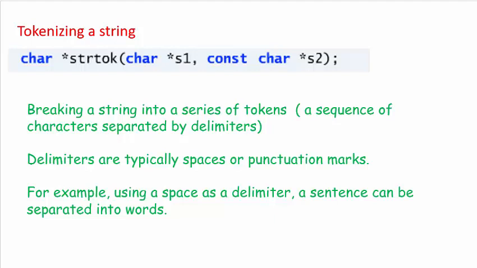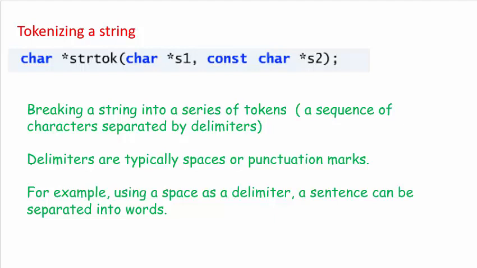Tokenizing is breaking the string into a series of tokens, and tokens can be words, for example. So you have a sequence of characters that are separated by delimiters. Delimiters are things like spaces, commas, semicolons. What the function does is treat everything between delimiters as one token.